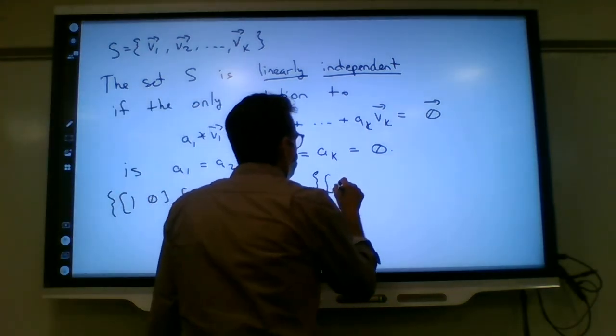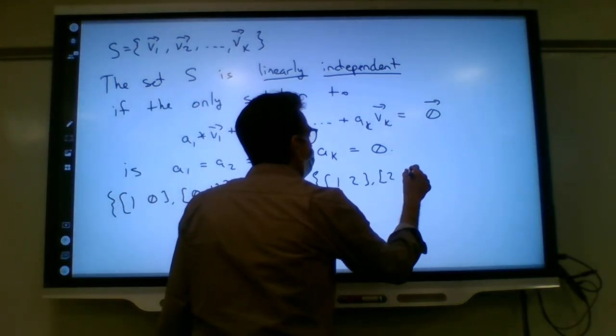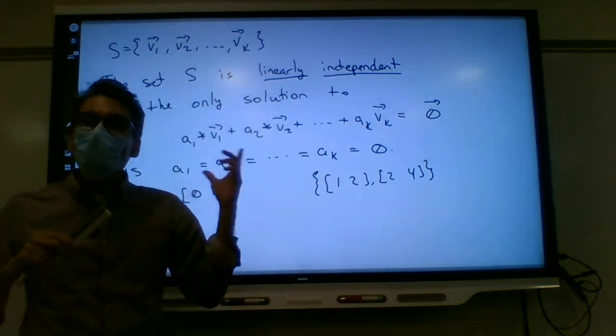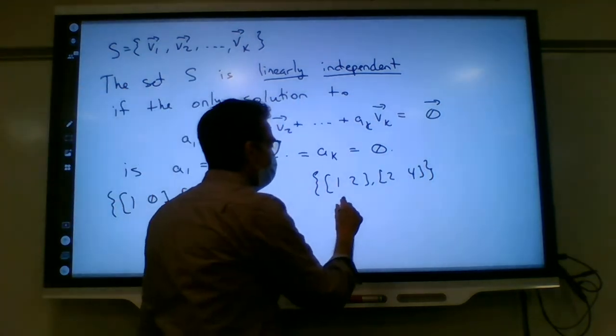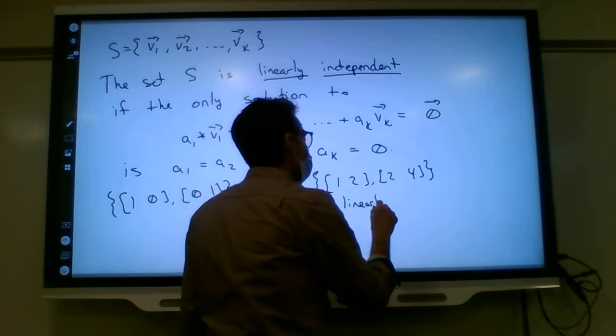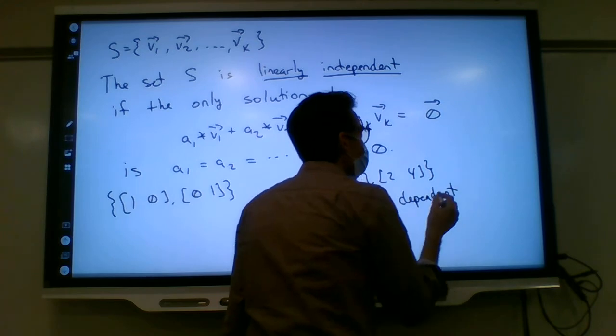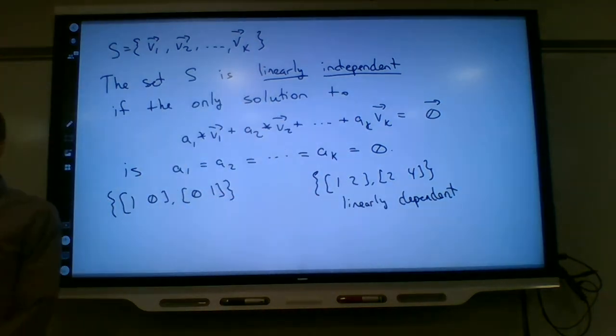Whereas this set is not independent, and we say in that case that it's linearly dependent. So for a coordinate system, we need independence. We need to not have redundant information.